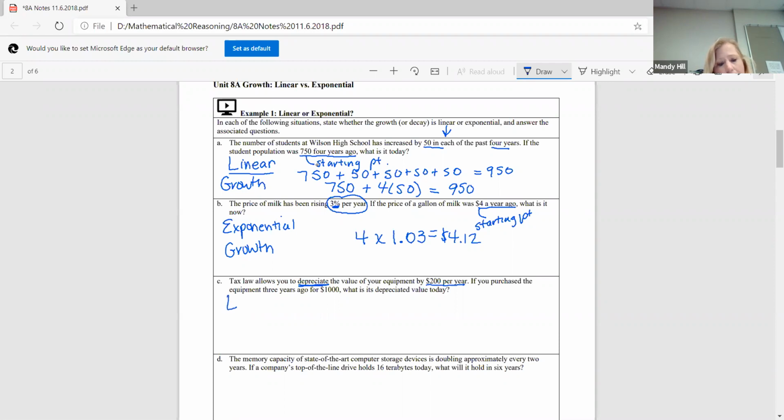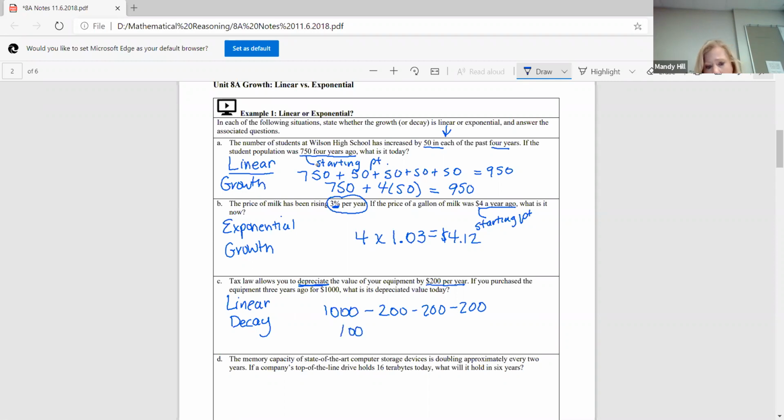We're not multiplying to get to the next step. This is linear, and it is decay because we're losing value. We started at $1,000, but 3 years have gone by, and for each year I'm losing $200. My equipment is depreciating by $200.